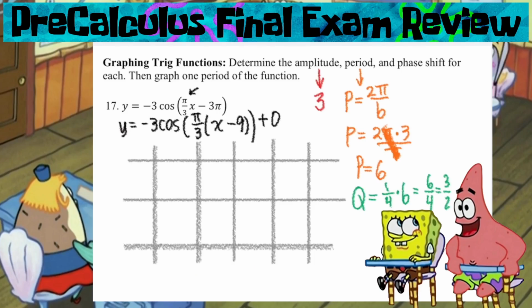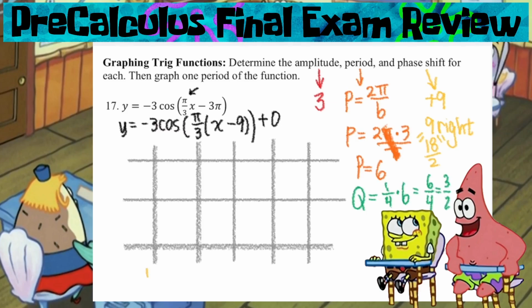Okay, and lastly, we have the phase shift. And the phase shift is basically our left or right, so it's going to be plus 9, if you want to think of it that way, or 9 to the right there, and with a common denominator of 2, that 9 can be also thought of as 18 over 2.